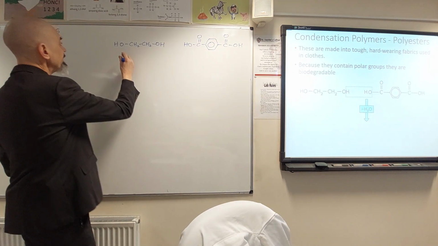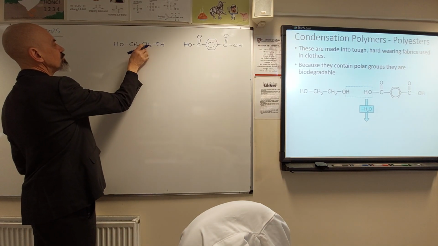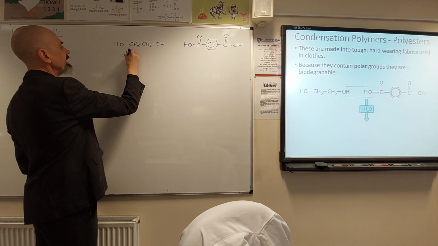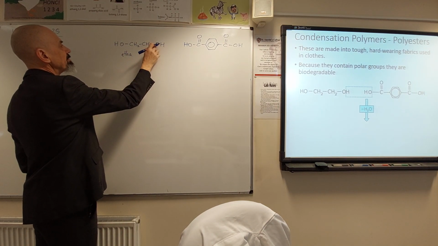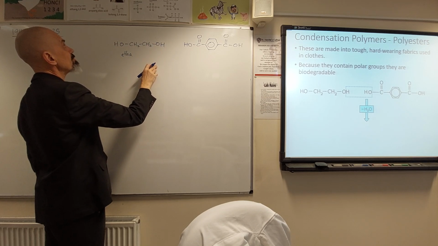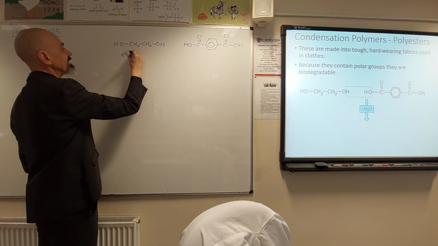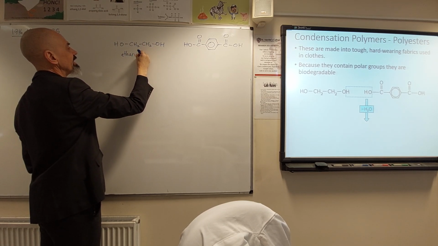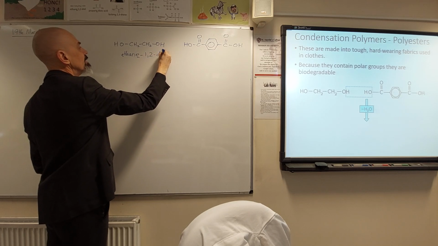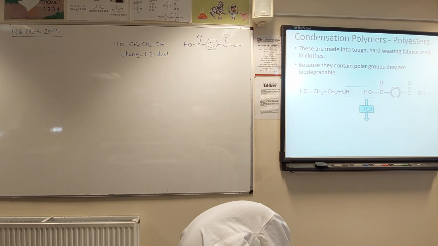So this would be 2 carbons is eth, but we've got 2 ols, remember, di has an E in it, so it's ethane 1,2 diol.